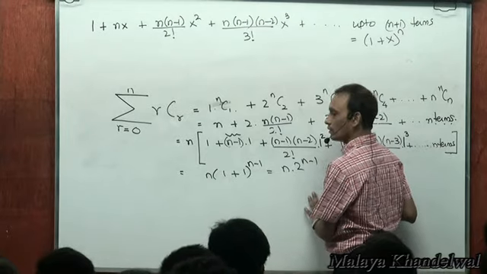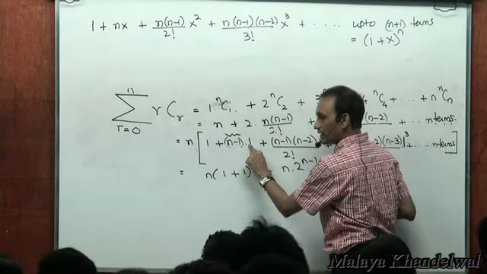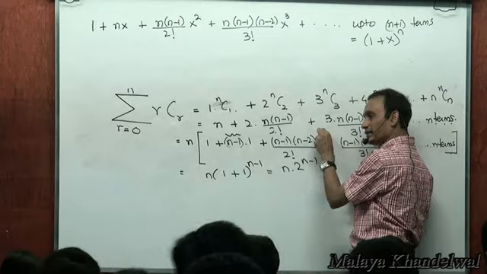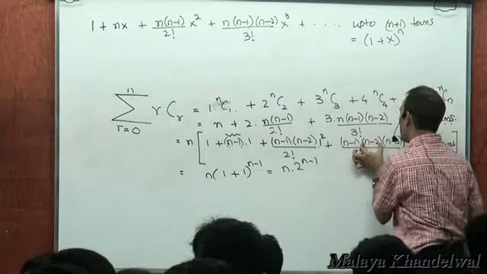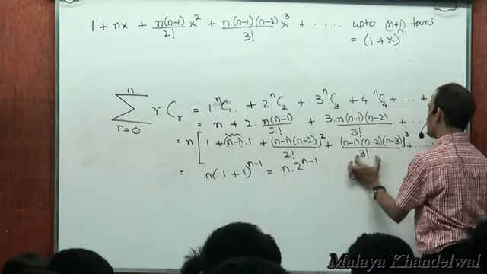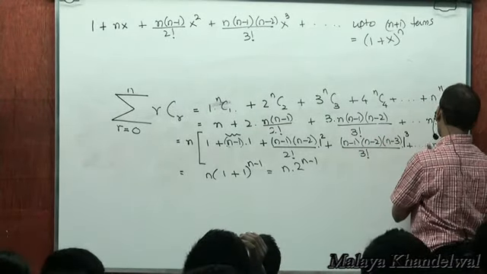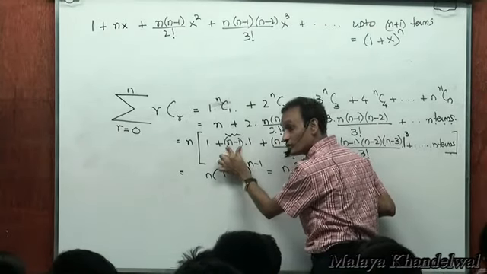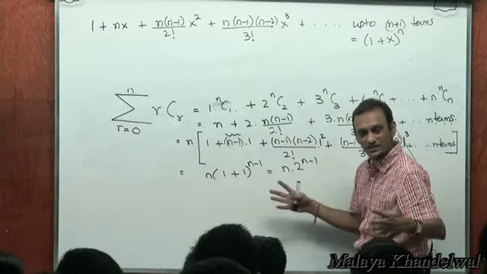1 plus n into x, n into n minus 1 by 2 factorial x squared, n into n minus 1 into n minus 2 by 3 factorial x cubed, up to how many terms? n terms, which is 1 more than this new n. So a full binomial series is available.